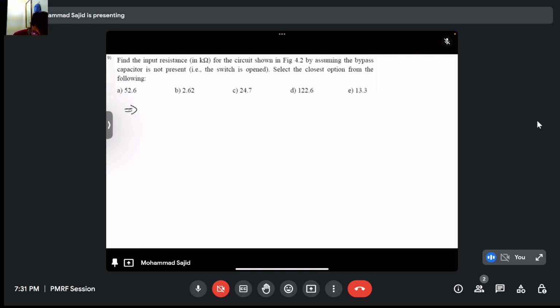So it's the second circuit which we drew. So it will be Vs. It will be R1 parallel R2. It will be R pi, RE.